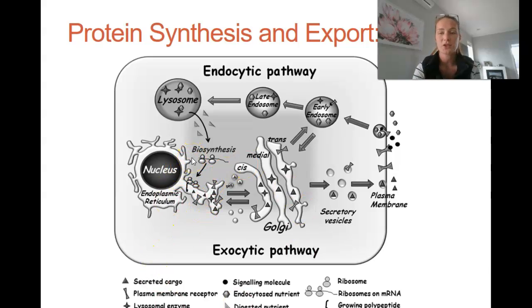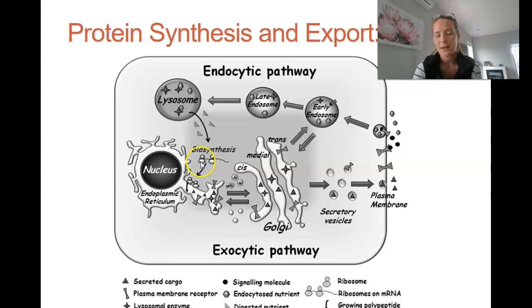So if you're being asked to describe the protein synthesis pathway, you're starting from this point. So where the mRNA is being read by the ribosome, and the protein polypeptide has been produced, and this process of excretion starts, or secretion starts.